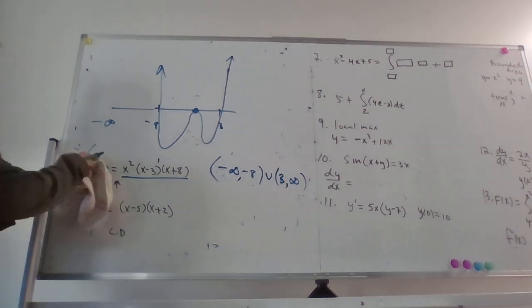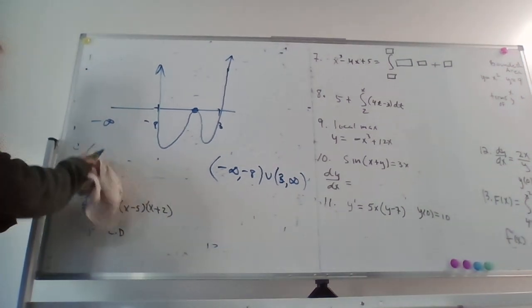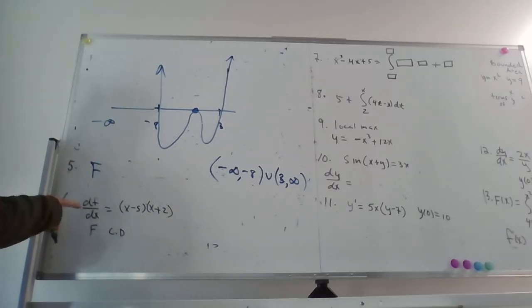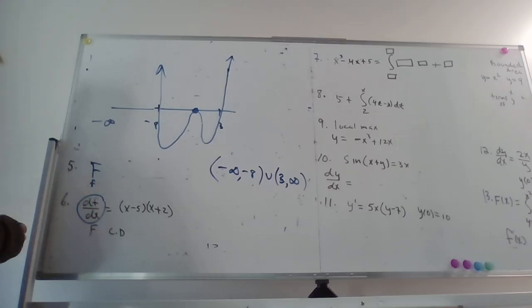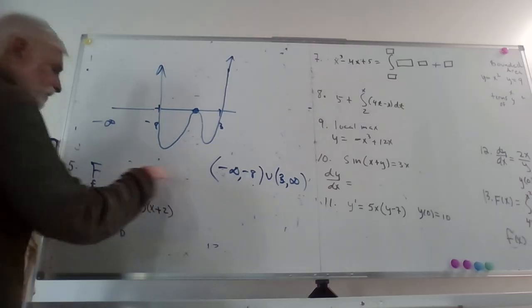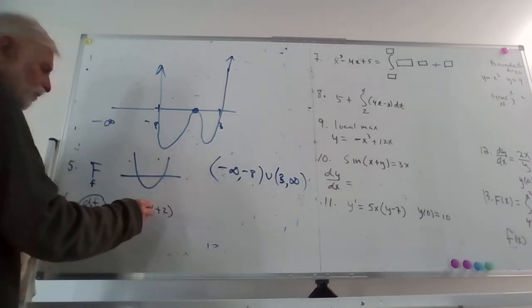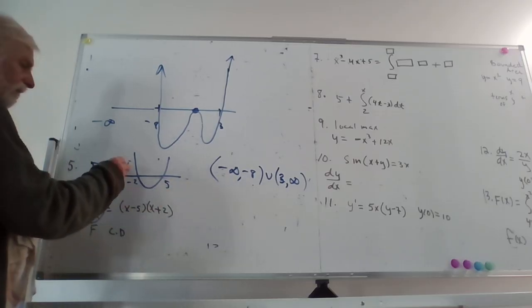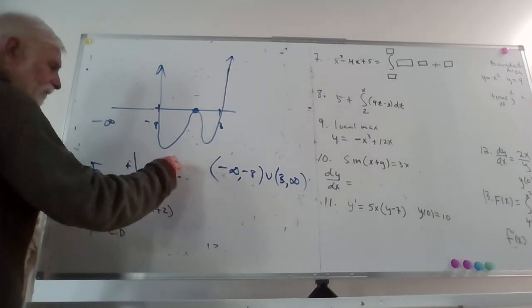Okay, new problem. New F. So we're going to look at a new function whose notation is the derivative of little f. Oh, little f is the first derivative. I think that represents the second derivative. So the second derivative is a parabola with roots at -2 and 5. Looks like the second derivative is positive, then negative, then positive.